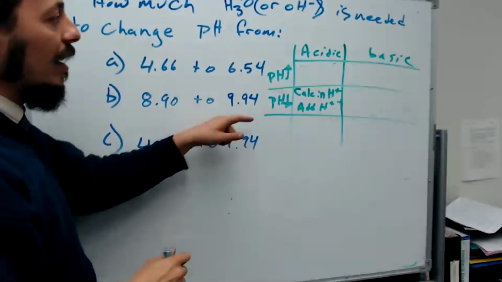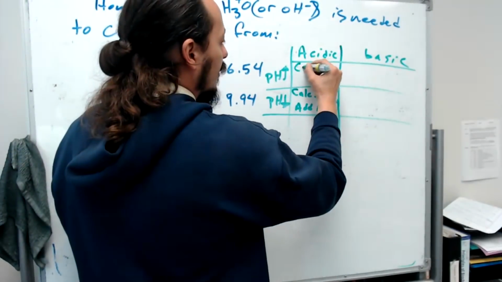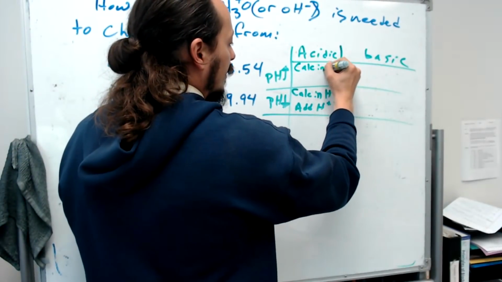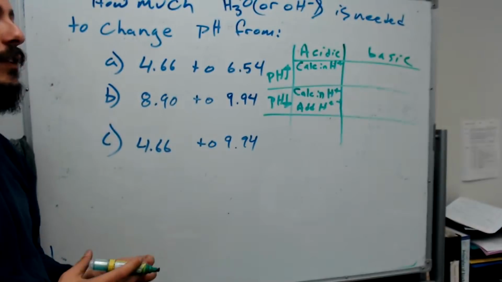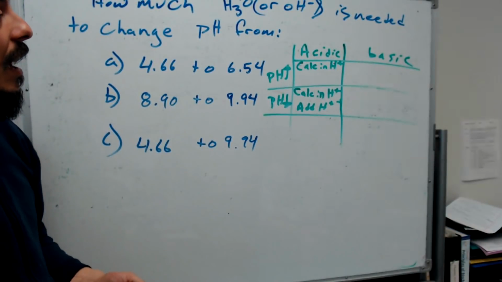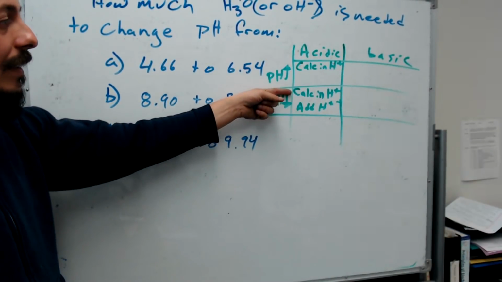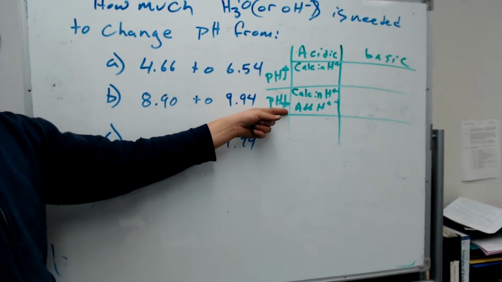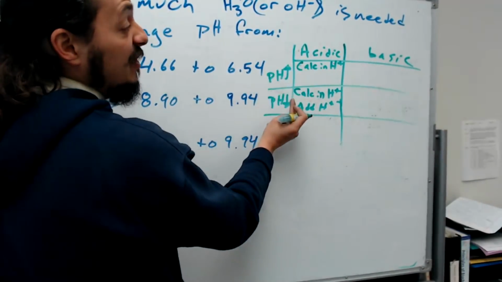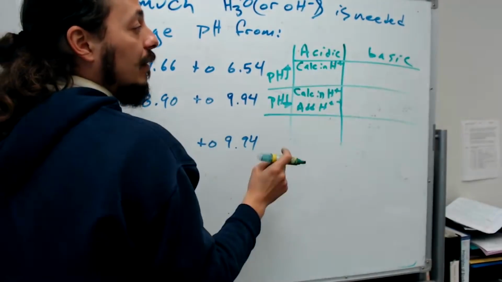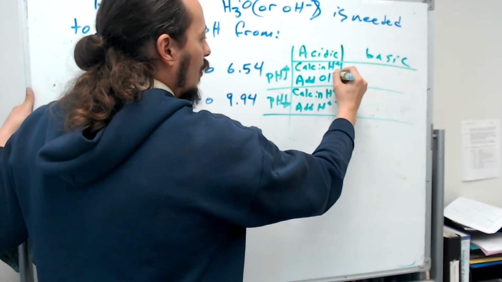If we are in acidic conditions, we're going to do our calculation in terms of H+. If we're acidic and our pH is going down, we're doing our calculation in terms of H+, and we're adding H+. If we are acidic and our pH is going up, we're going to do our calculation in terms of H+, but then we're going to add OH minus.